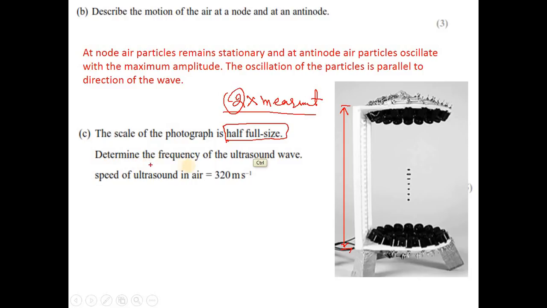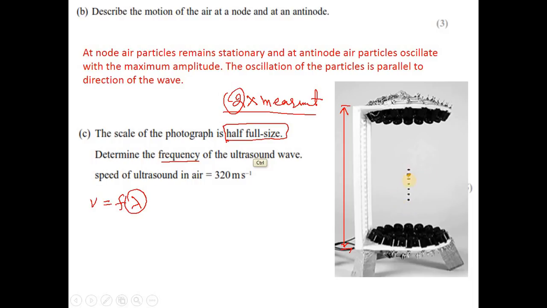So you will have to determine the frequency of the ultrasound wave. It's all about formation of standing waves. And you know that if you need to find the frequency, you will have to use the formula v = fλ, and f is the frequency needed to be found. v is given. We need to figure out the wavelength from the measurement taken from the photograph.